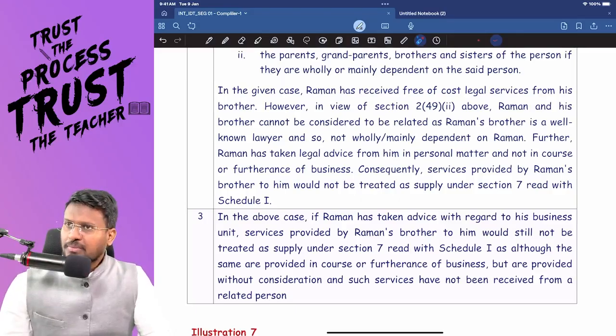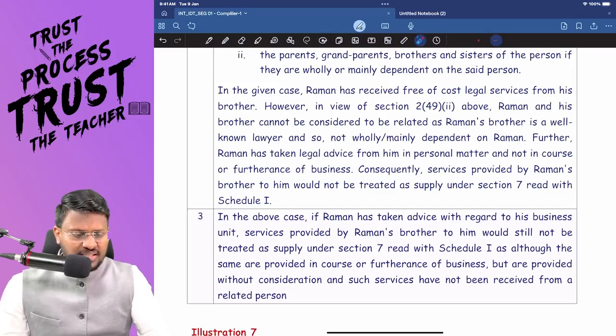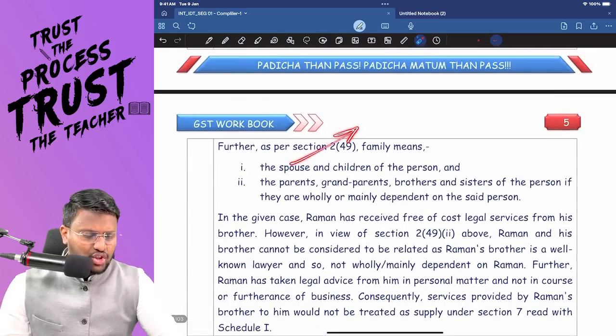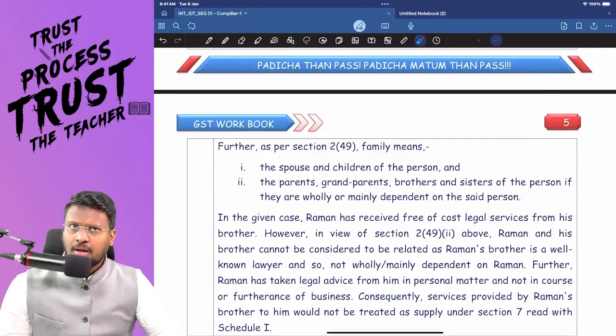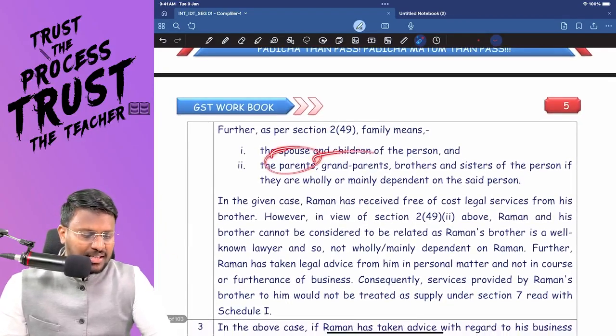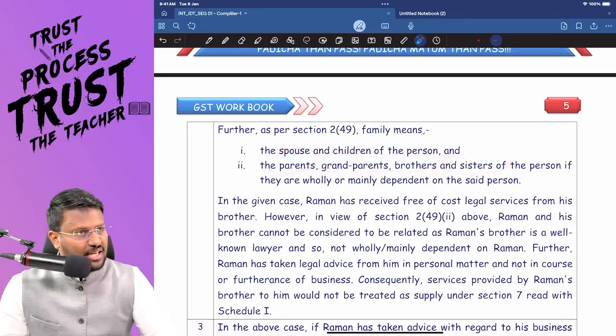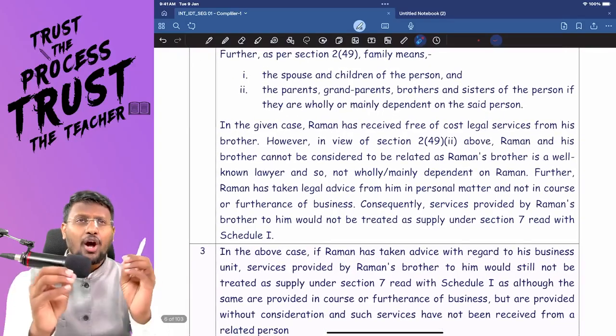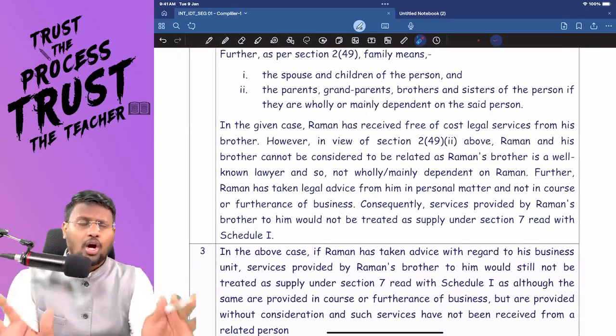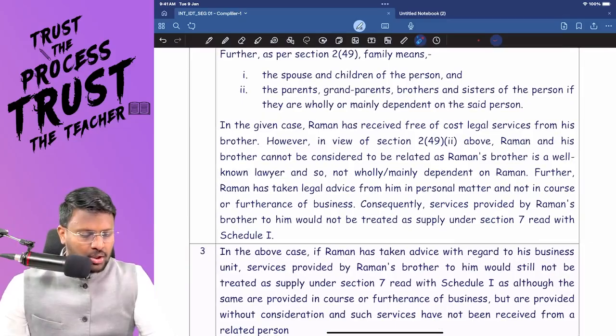So, sir, spouse and children are relatives irrespective of the dependency, whereas parents, grandparents, brothers and sisters will be treated as relatives only if they are dependent. So, first of all, these two are not related at all. However, in view of section 2(49) above, Raman and his brother cannot be considered as related.